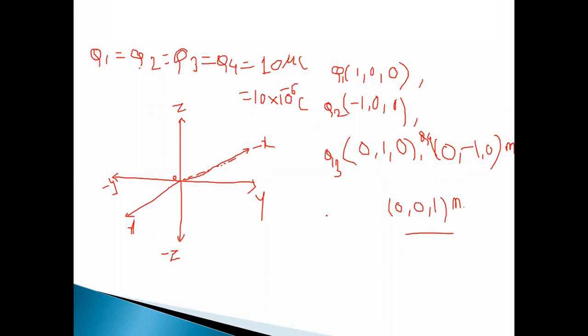Now we have to locate all these points. First we will locate charge Q1, which is placed at (1, 0, 0). (1, 0, 0) means what? x is equal to 1, y is equal to 0, z is equal to 0, and it is plus 1.